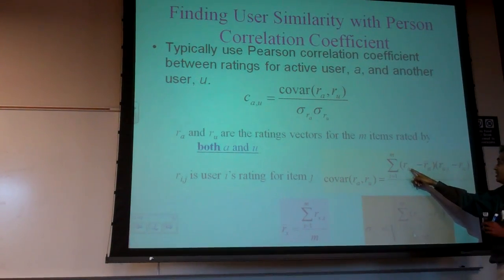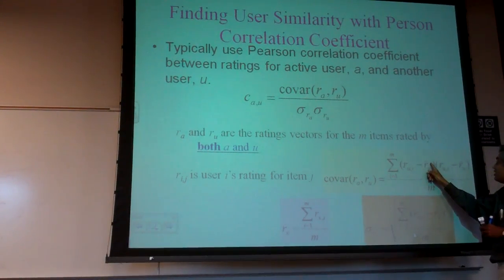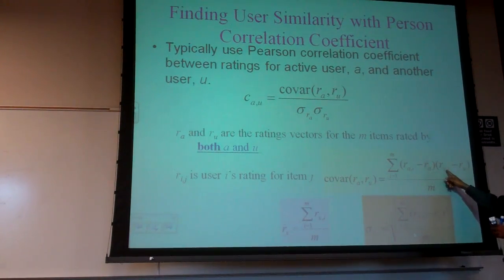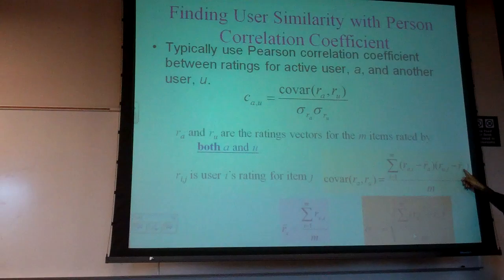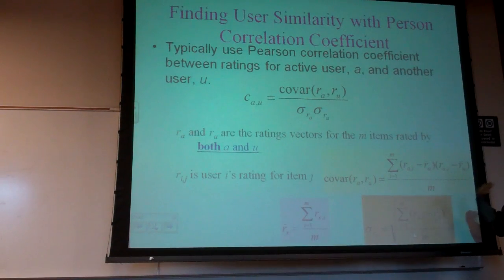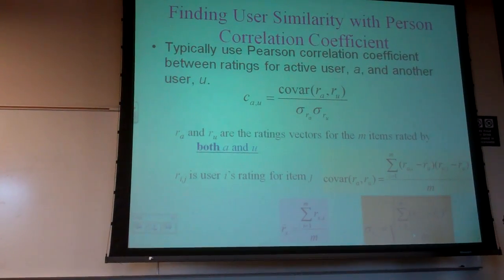The way you center it is you subtract from each of the ratings the average rating of A, and similarly for U, you subtract the average rating of U. Then you multiply those two and sum over all the corresponding pairs.